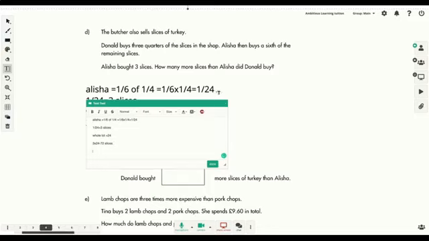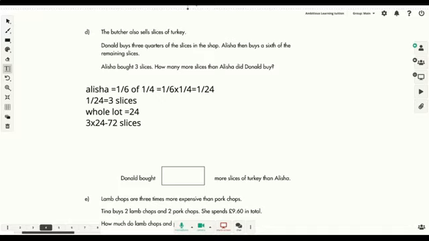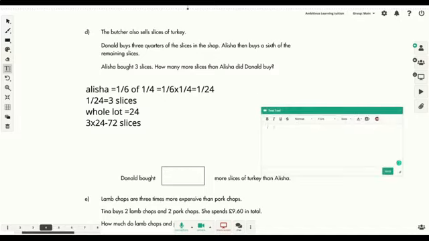You have to find it the same way for Donald, and then you need to see how much more, by subtracting. So try doing it the same way like I did. Now we are going to find how much Donald gets. Donald equals 3/4 of 72, that's the slices Alicia gets.